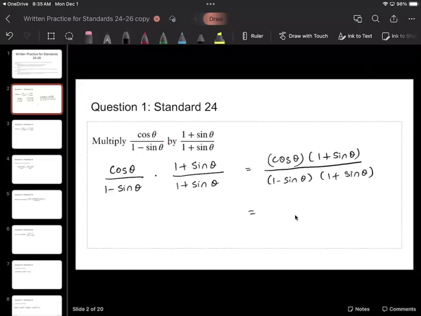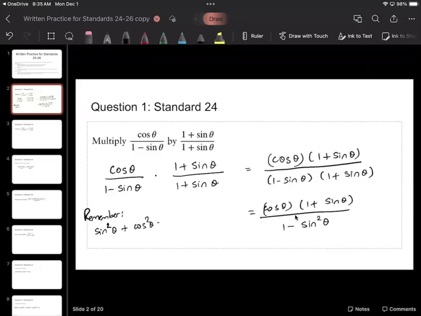Now, in the denominator, you have something of the form a minus b times a plus b. That is nothing but a squared minus b squared, which is the same as 1 minus sine squared theta. Now, remember this identity. The identity is sine squared theta plus cosine squared theta is always 1, right?